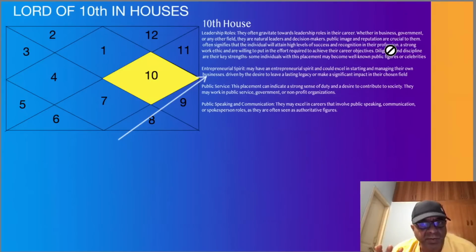They may have entrepreneurial spirit and could excel in starting and managing their own business. She does this very well. Driven by a desire to leave a lasting legacy or make significant impact. That is a lot of 10th in the 10th house, generally speaking. Now let us get into the D10 chart and then see where that takes us.